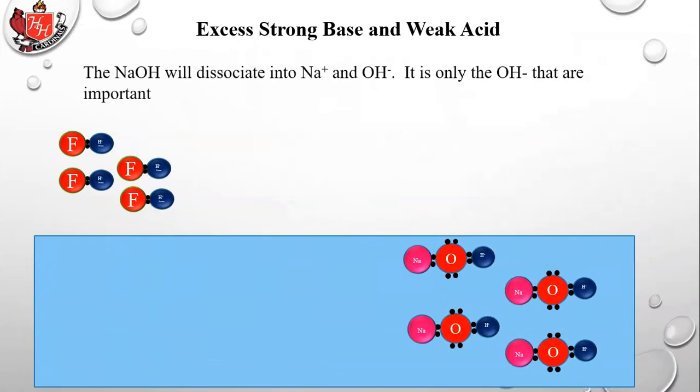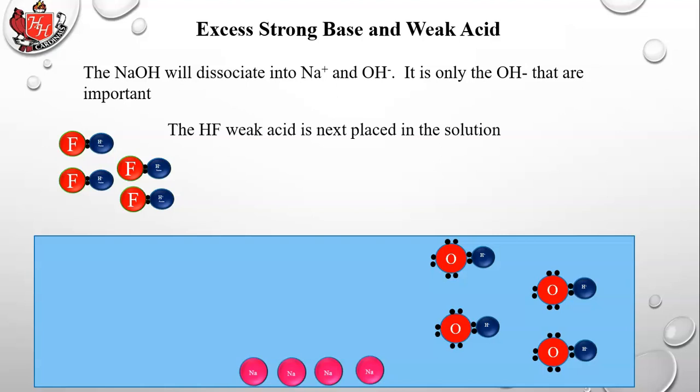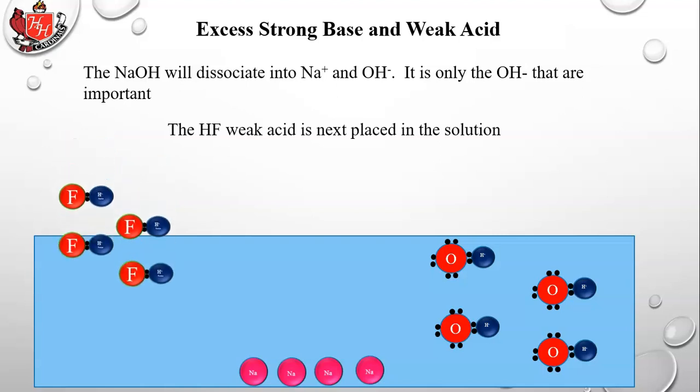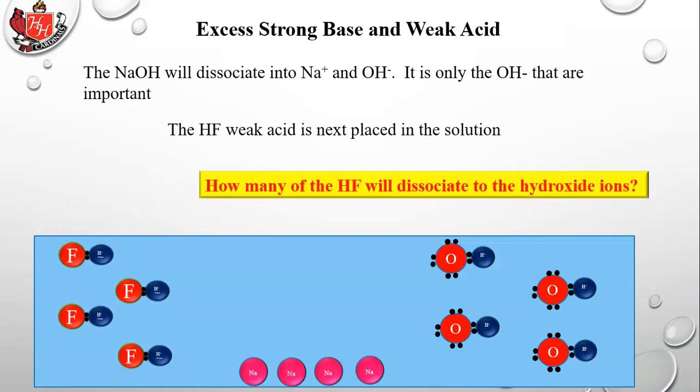The NaOH will dissociate into Na plus and OH minus, as you see. It is only the OH minus that is important. The HF weak acid is next placed in the solution. So then the question is, how many of the HF will dissociate to hydroxide ions? We know if it's just water, only a few of the HF will dissociate to water molecules. But if there's hydroxides, how many?